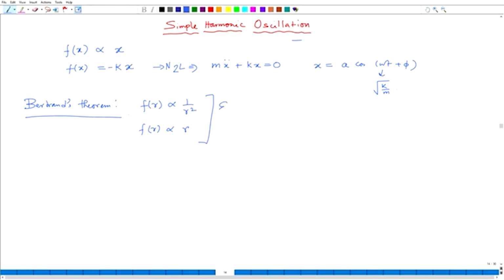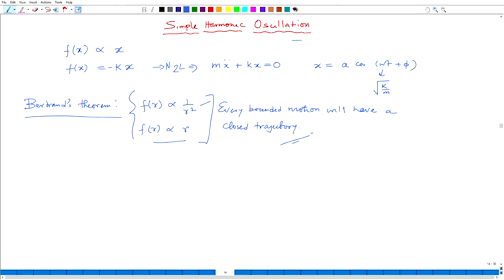That means every bounded motion will have a closed trajectory. That is the guarantee for these two force laws. This one is called the inverse square law, which we already discussed, and this one we discuss today, or rather the discussion is going to be started from today.